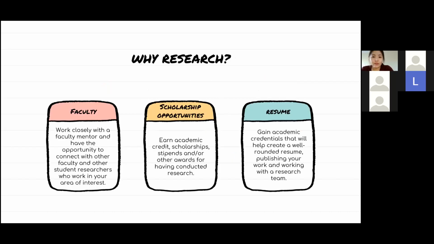And also, why research? You'll be really close to your faculty, usually professors, so you will have the opportunity to connect with other faculty and other student researchers who work in the same area of your interest. And also you will get scholarship opportunities, and it's a good line for your resume.